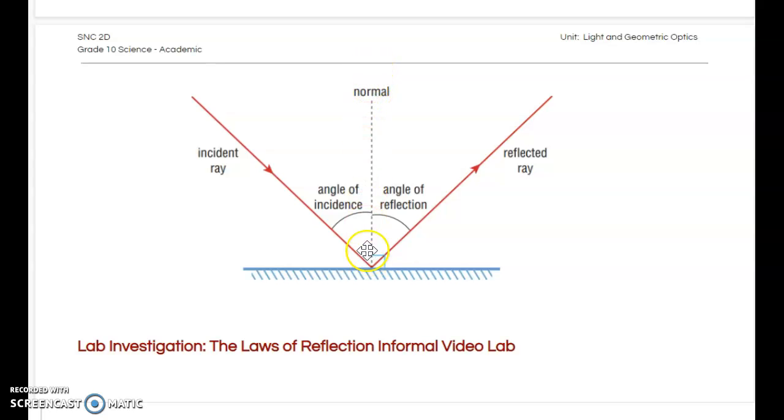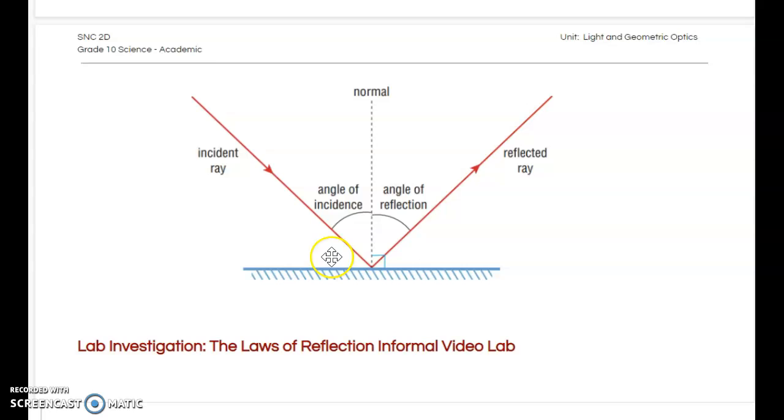Let's talk about your normal for a moment. Your normal forms a 90-degree angle with the mirror, whatever angle the mirror might be on, but it always runs perpendicular at 90 degrees to your flat mirror. So from the mirror all the way to this normal, you have 90 degrees.